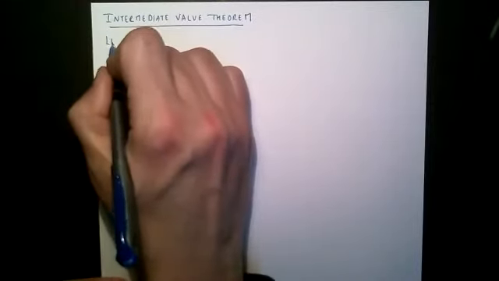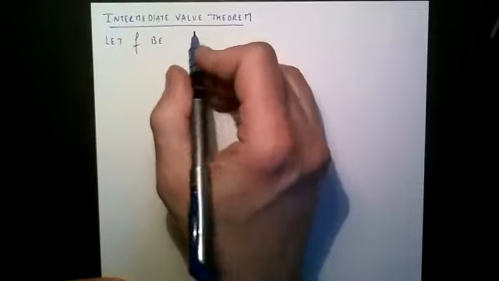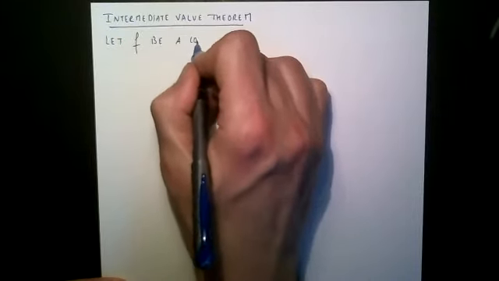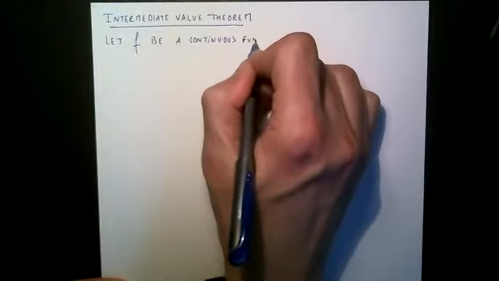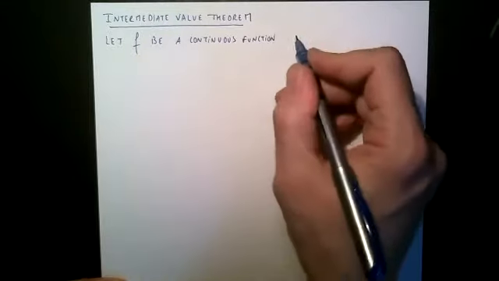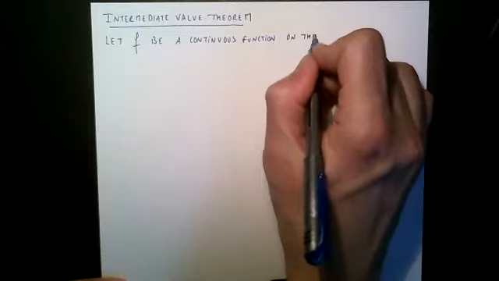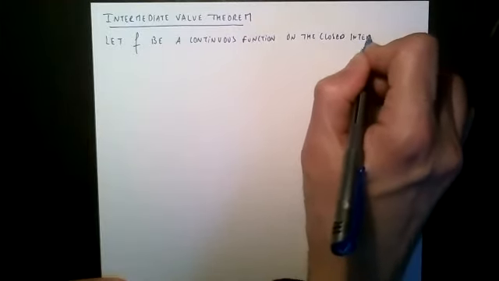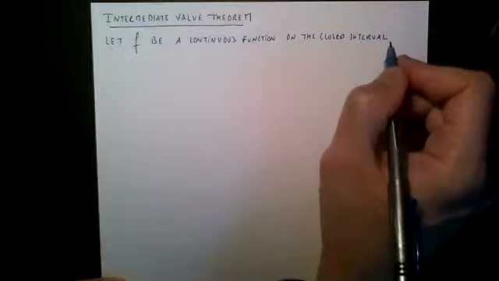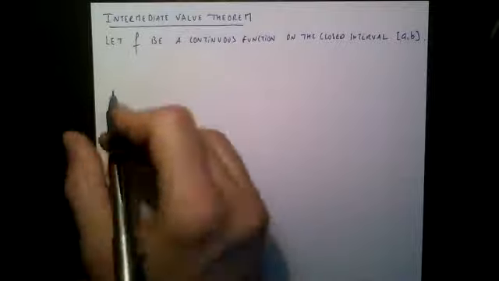Let f be a continuous function on the closed interval [a, b]. Okay, so we start with this.